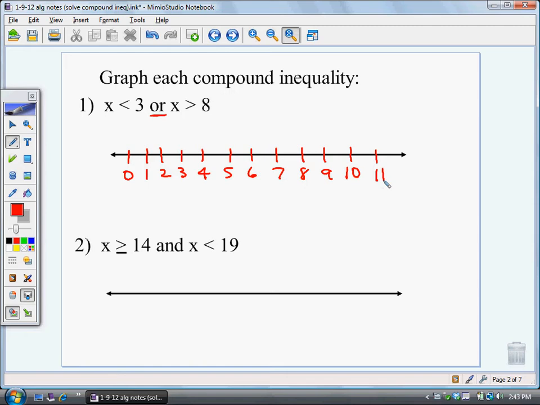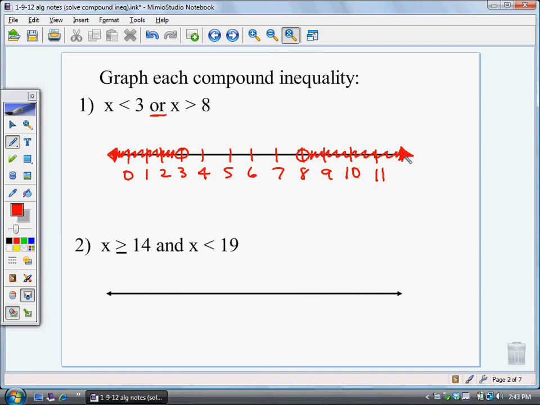All we're doing now is just what we did in the first lesson where we show solutions on a number line, only now we have a compound inequality. It says that x is less than 3, so we put an open dot on 3, and we would shade that going to the left. Or x is greater than 8, so you have an open dot on 8, and that would be shaded to the right, since those are the numbers that are greater.